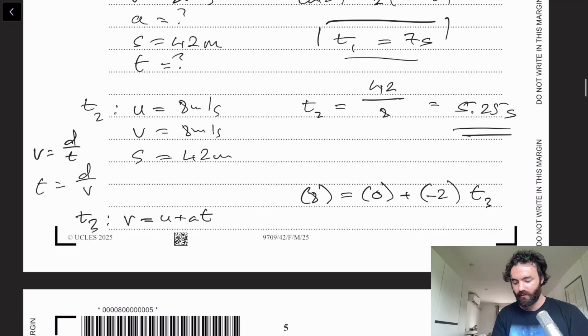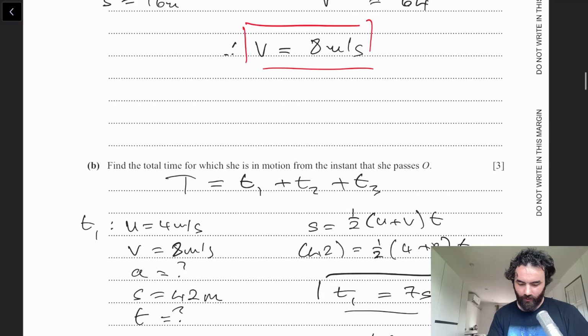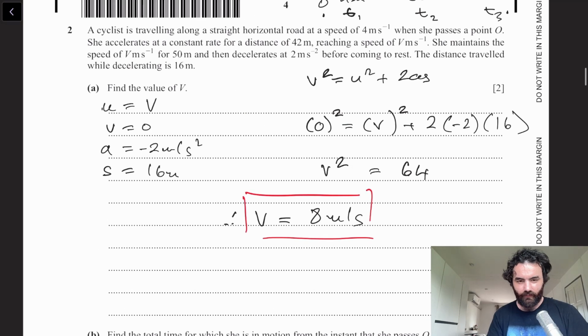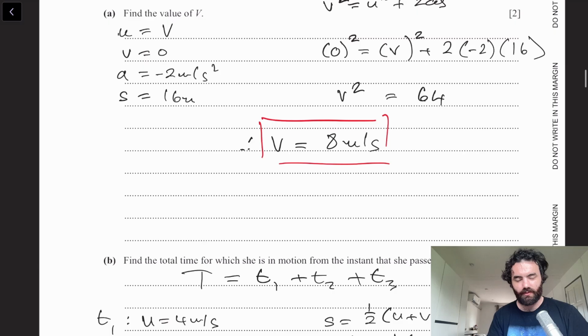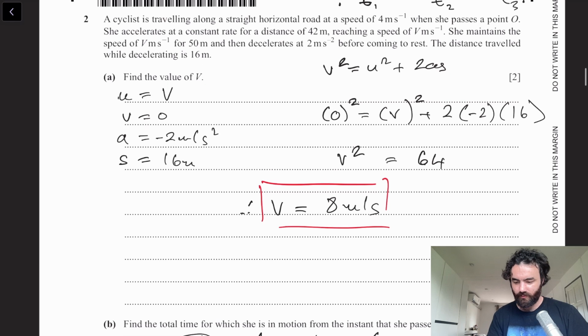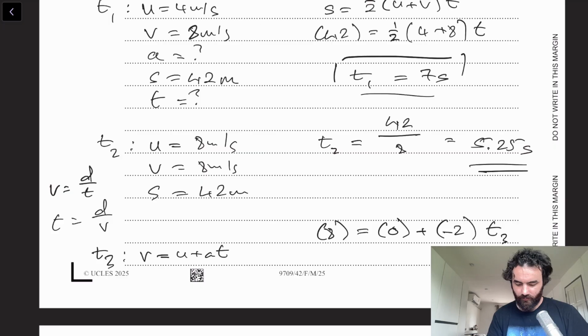So we just get, does that make sense? That shouldn't be a negative. V final is 0, acceleration, U initial.